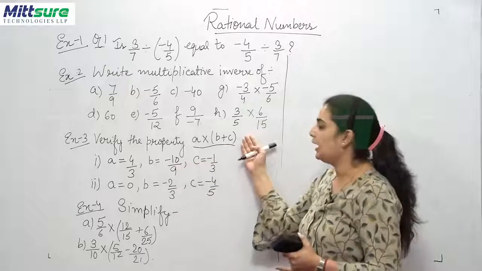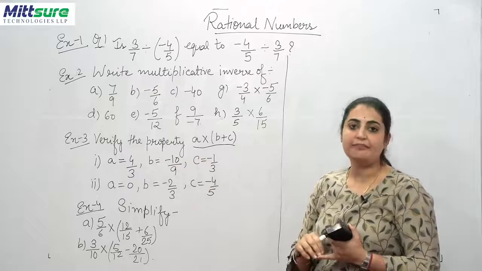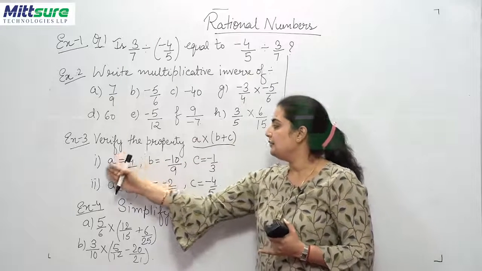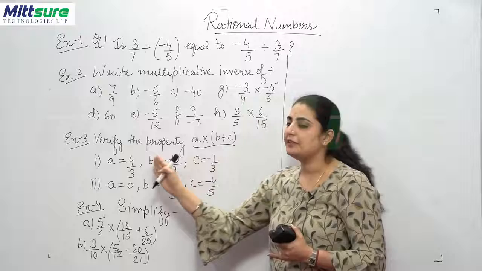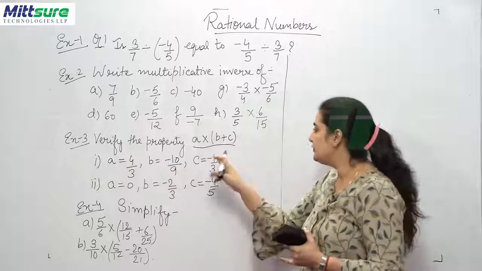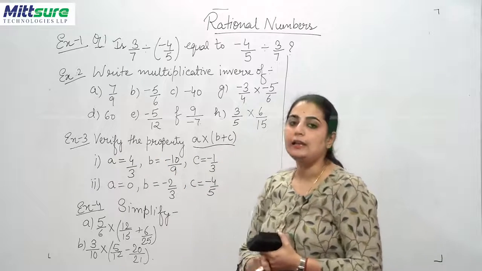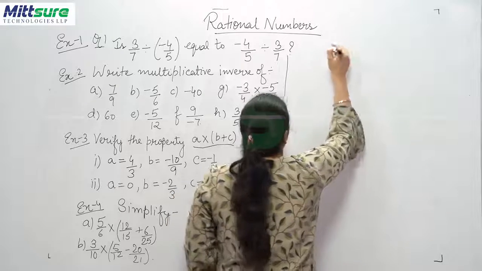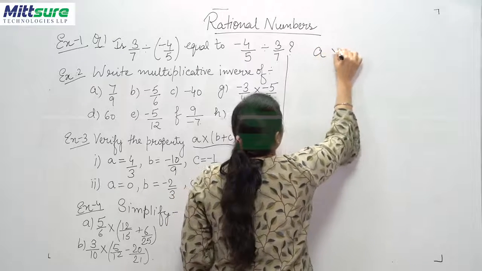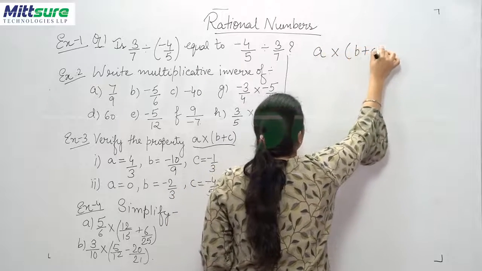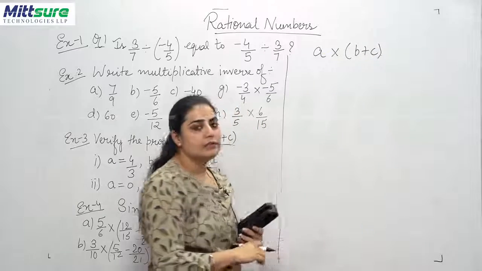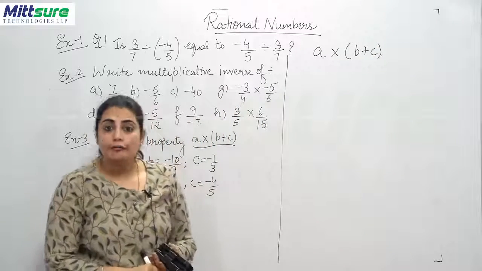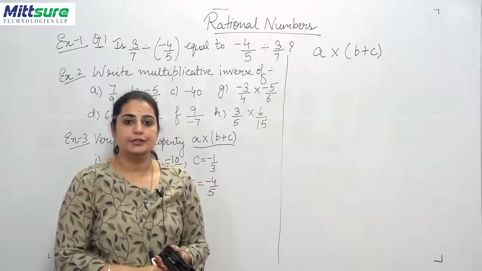Now, this condition has to be verified by substituting the alphabets A, B and C by the given rational numbers. So first of all, let's elaborate A multiplied by B plus C. A multiplied by B plus C represents the distributive law of multiplication of rational numbers over addition.